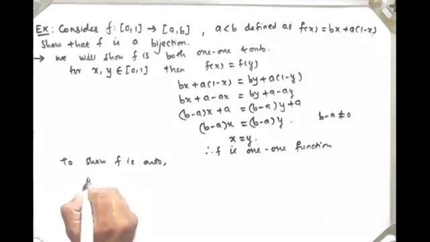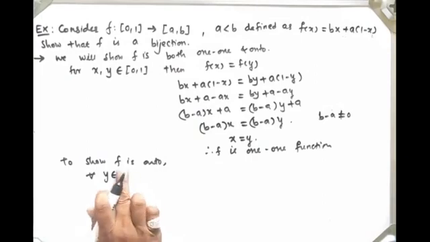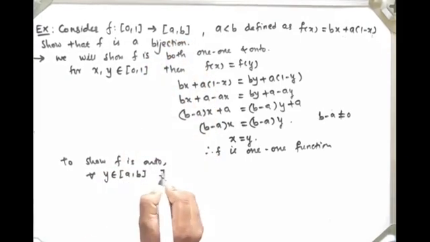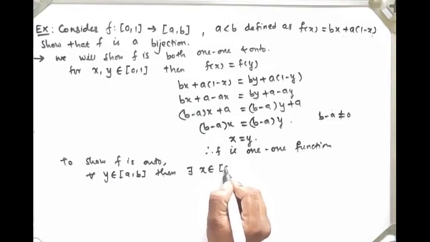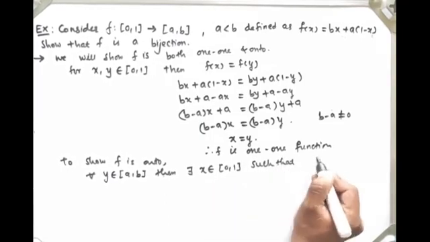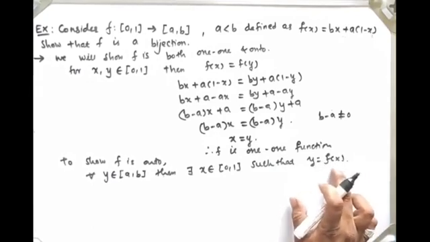So for all y belonging to the closed interval [a, b], there exists x belonging to [0, 1] such that y is equal to f of x, and we solve this for the value of x.